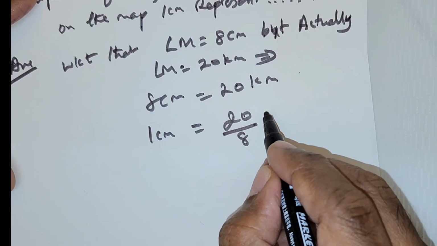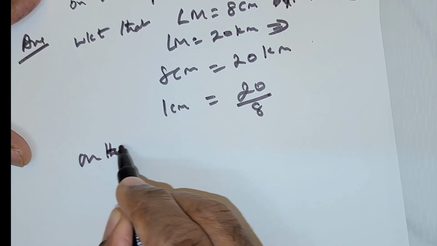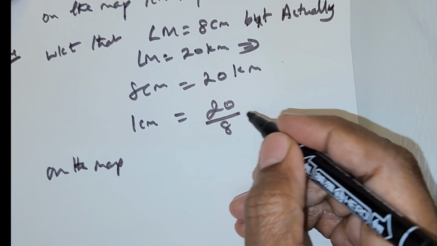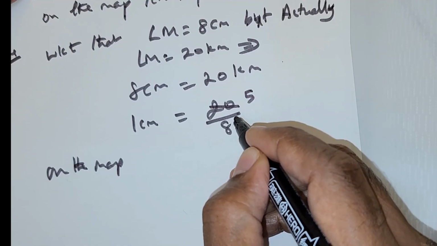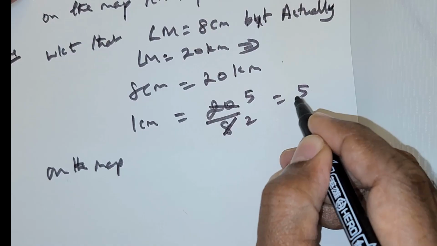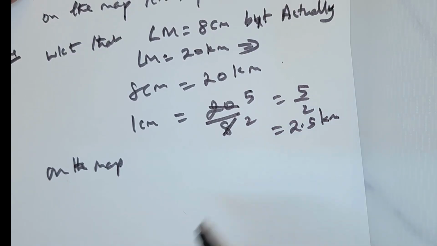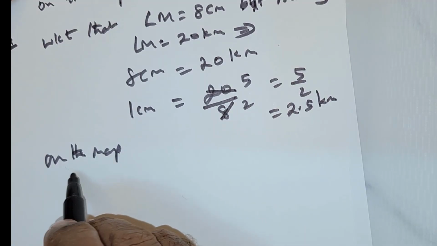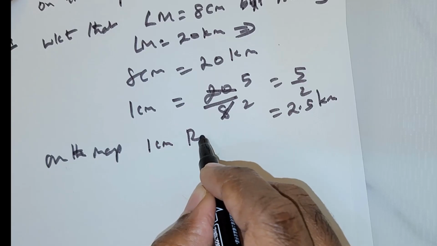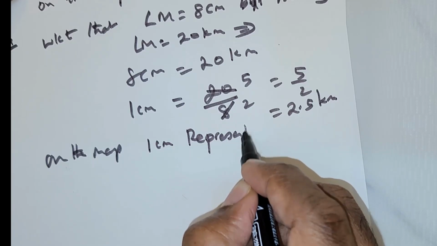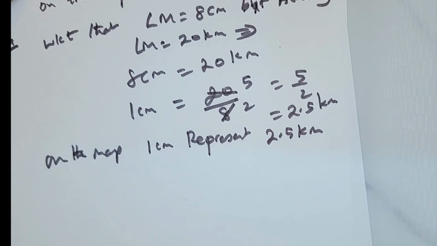So solution: on the map you can reduce this. 2 divides here, or 4 divides here, 5 times 4 divides here, 2 times 5 over 2, which is nothing but 2.5 km. So the completion of the statement is on the map 1 cm represents 2.5 km.